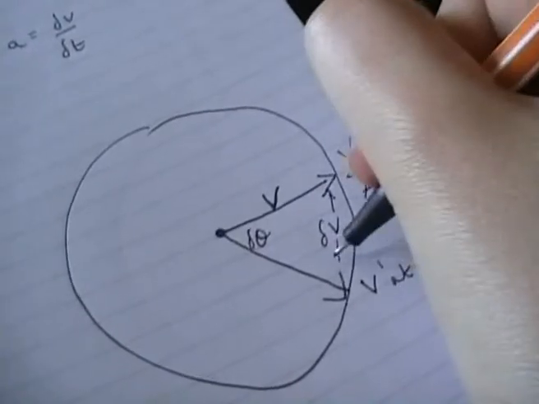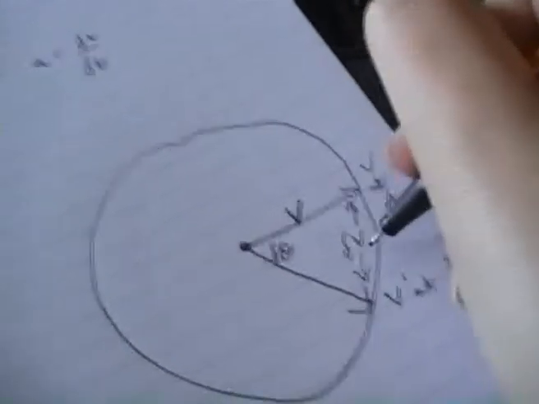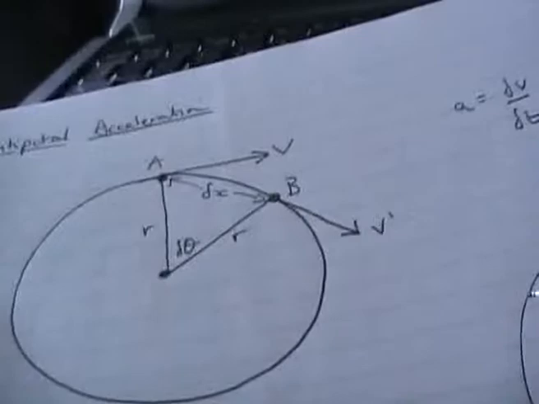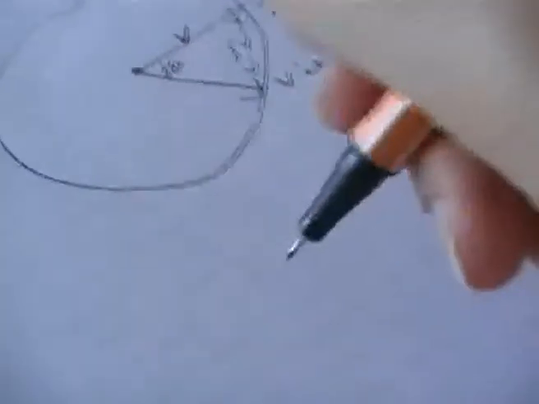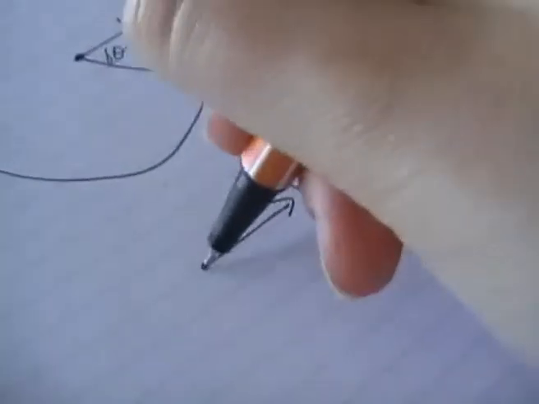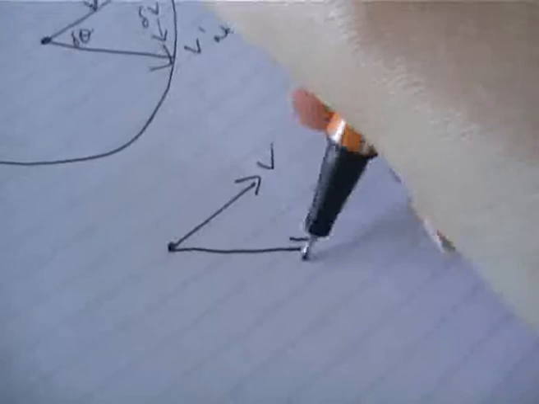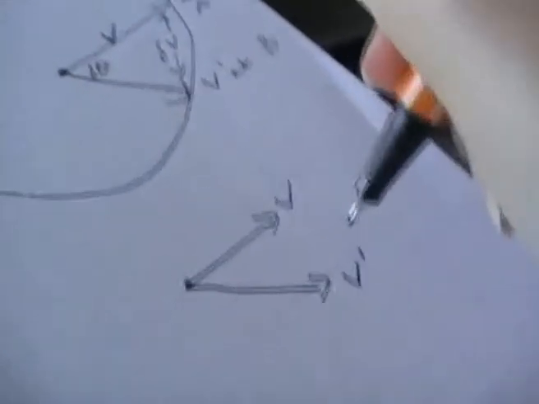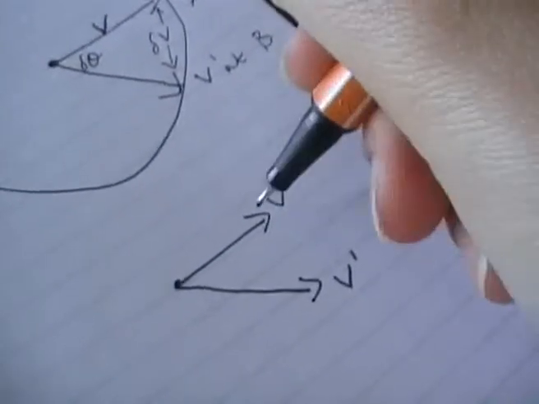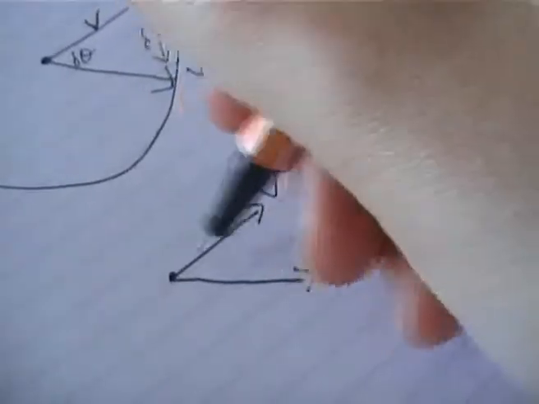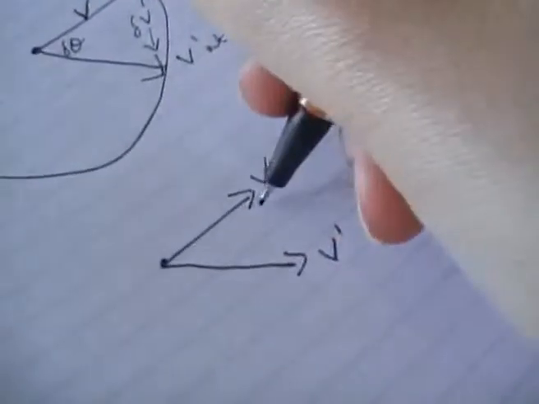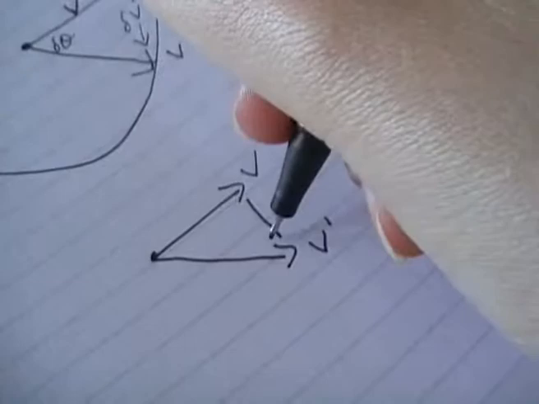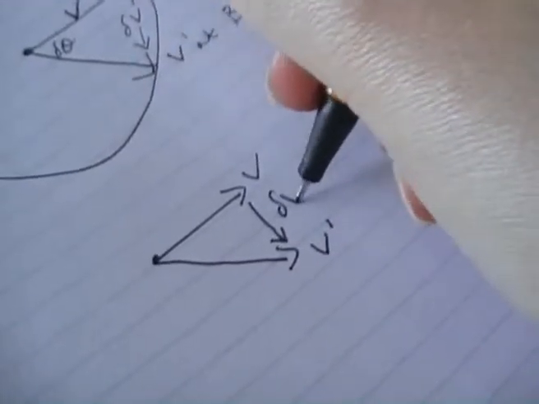But again, remember that delta v is so small, like delta x, that it's going to be a straight line, which makes sense when you're looking at vectors and you want to find the difference between one vector and another. So if this is v and this is v dash, remember that with vectors, when you want to find the difference between them, you put them tail to tail. So this difference here is going to be delta v.